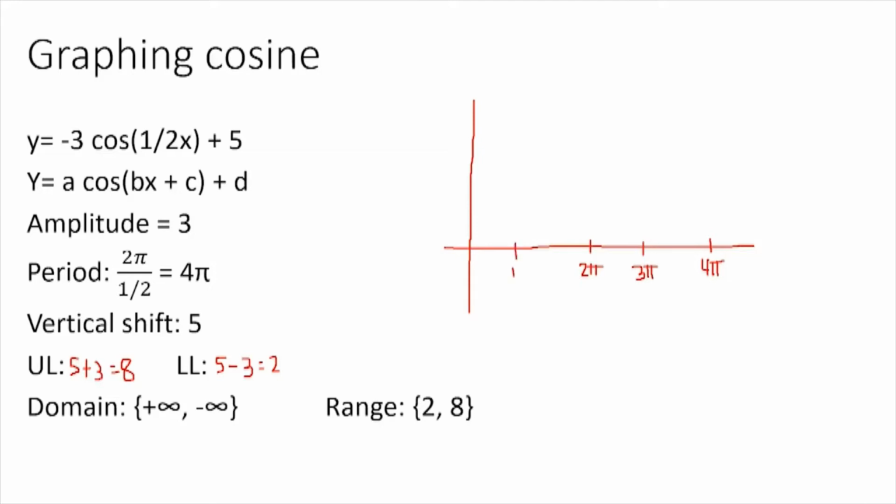With a lower limit of 2 and upper limit of 8, our points will be at 2, 5, 8.